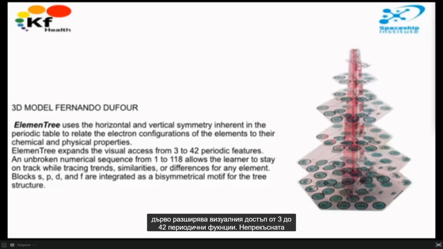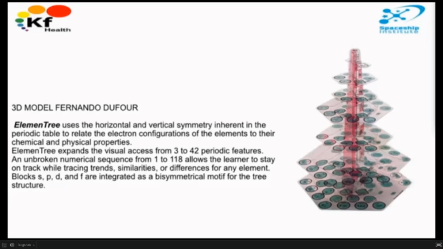Element 3 expands the visual axis from 3 to 42 periodic features, an unbroken numerical sequence from 1 to 108, allowing the learner to stay on track while tracing trends, similarities, or differences for any element.